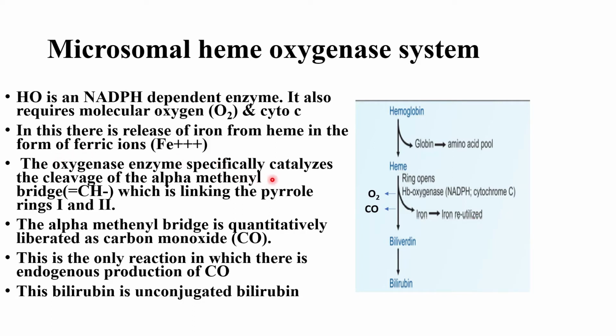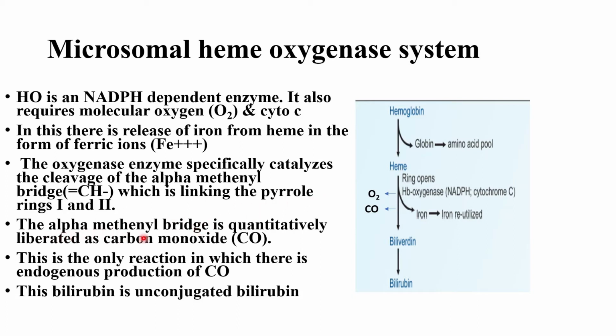The oxygenase enzyme specifically catalyzes the cleavage of the alpha methylene bridge, which is linking the pyrrole rings 1 and 2. As you know, heme is a tetrapyrrole structure. I have explained the structure of heme in another video on porphyrias, so you can consult that also.